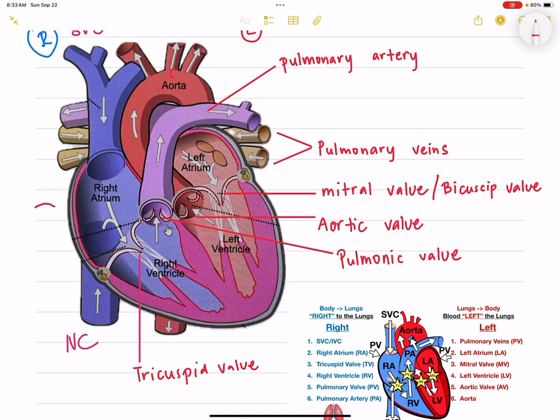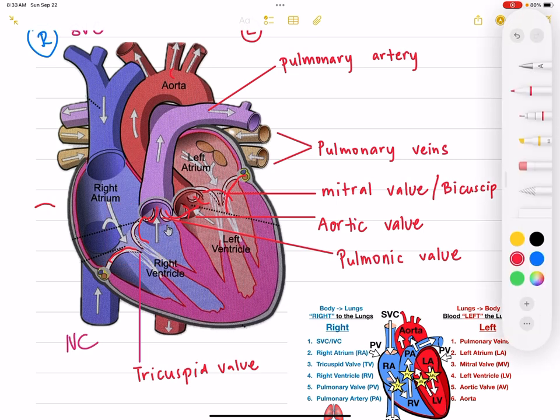So we also have valves in our heart. The first one is the AV or atrioventricular valve, located between each atrium and ventricle.